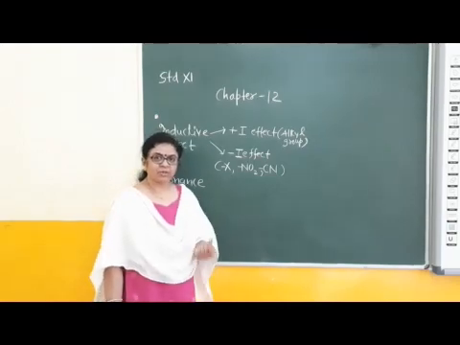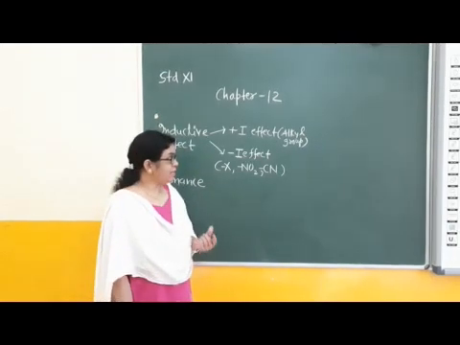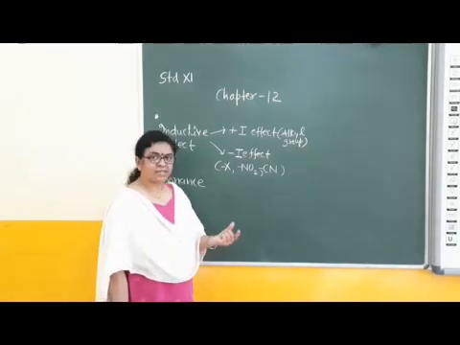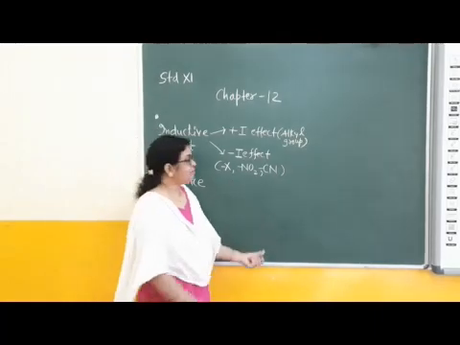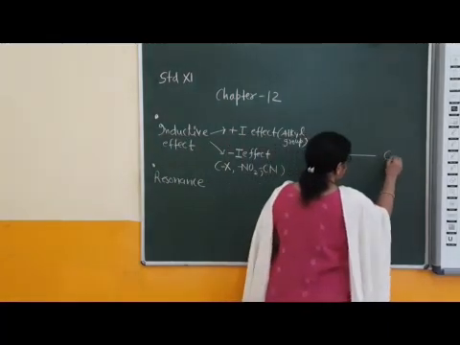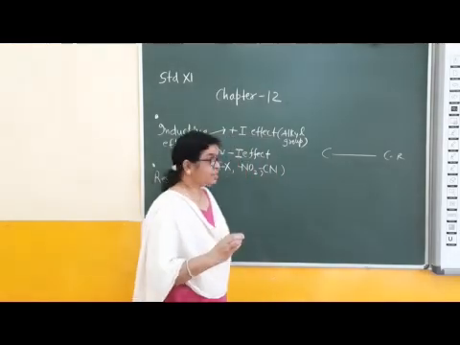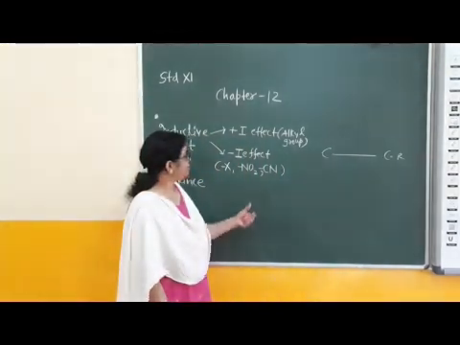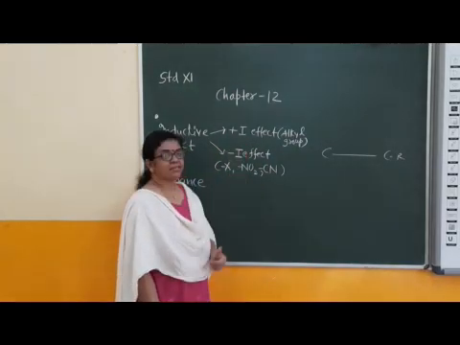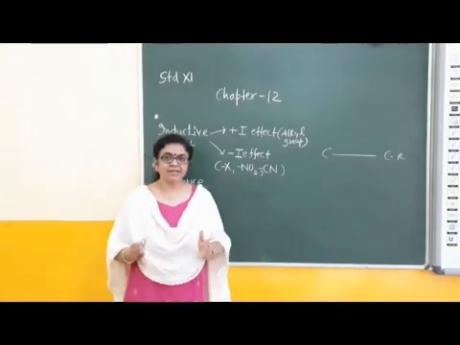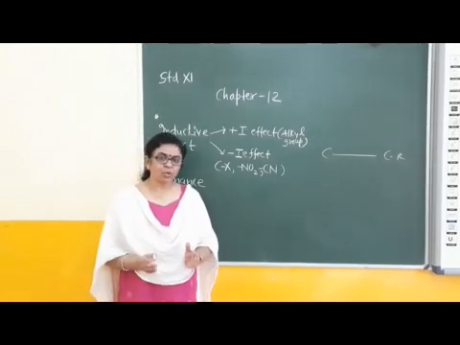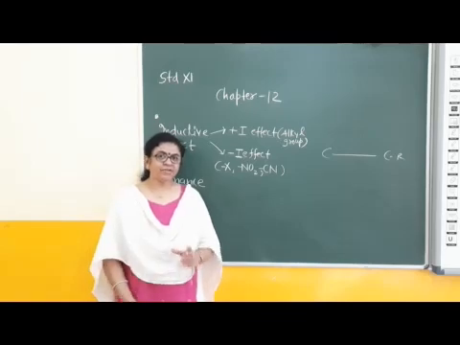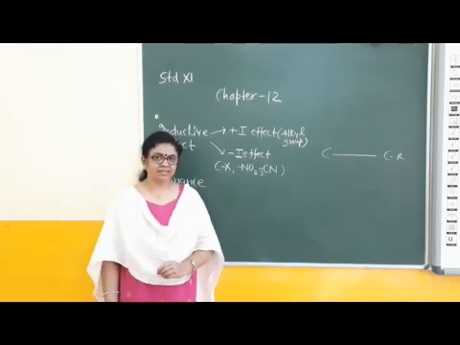When any substituent is attached at the end of the carbon chain, either the left hand side carbon or the right hand side carbon atom, and shows electron donating effect, such inductive effect is known as plus I effect, plus inductive effect or electron donating effect, right? In electron donating effect, electron density always increases.